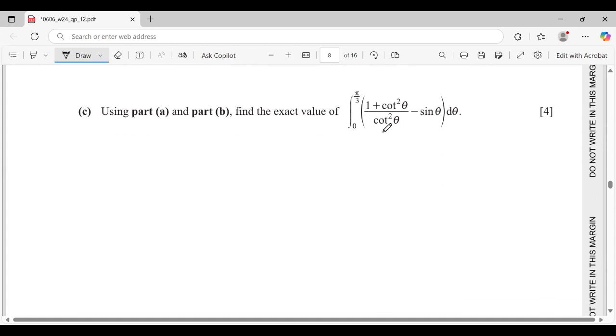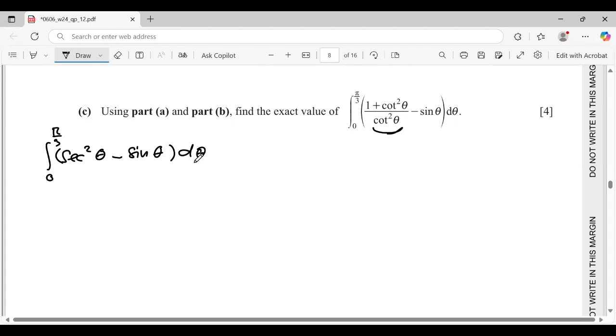So this integral, I would like to write as an integral, especially for this term, according to part A, that is secant squared theta minus sine theta d theta.